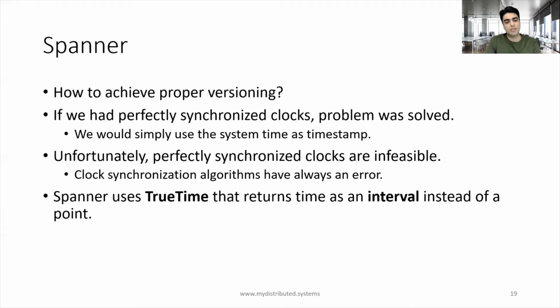So Spanner uses TrueTime, which returns time as an interval instead of a point, right? Whenever you ask TrueTime what the time is, it returns an interval, earliest and latest, and it is guaranteed that the real time is in this interval. So it is larger than earliest and smaller than latest.